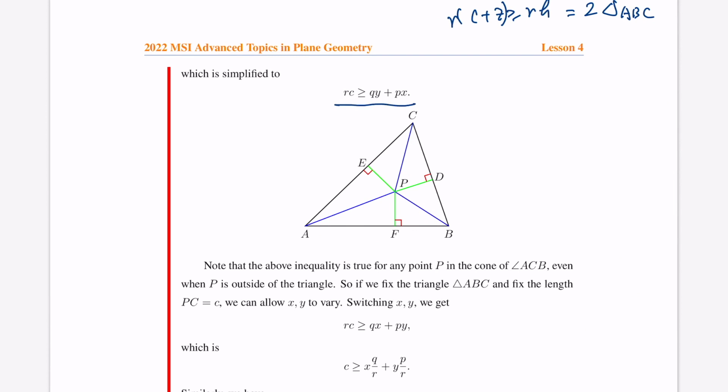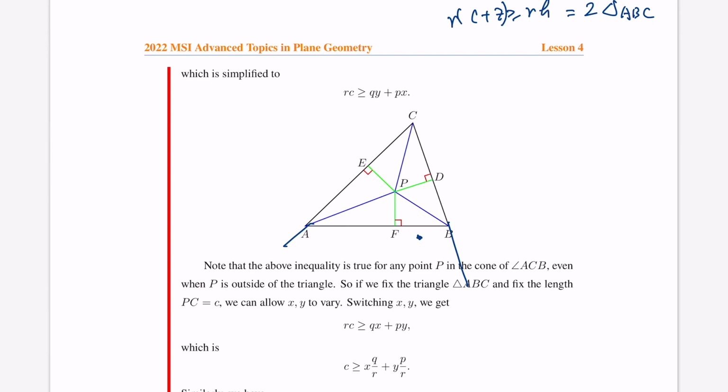This inequality is actually true for any point P, not just for one point P, so for any point P in the cone of the triangle at this angle. This is true even if P is here, outside the triangle but still in the cone.